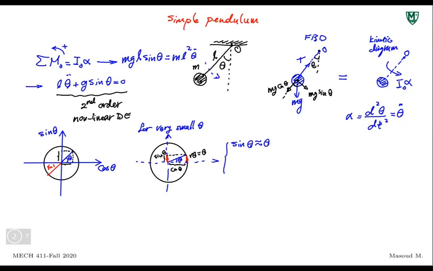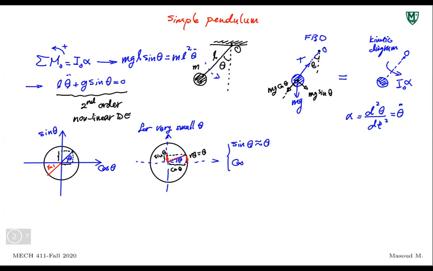Now, if you look at the other axis, the cosine axis. For very small theta, this line here gets very close to the horizontal line. Right? The angle is very small, close to 0. Theta is very close to 0 in this case. We're talking about a small angle. So what happens is that we can make the assumption that cosine theta is 1.